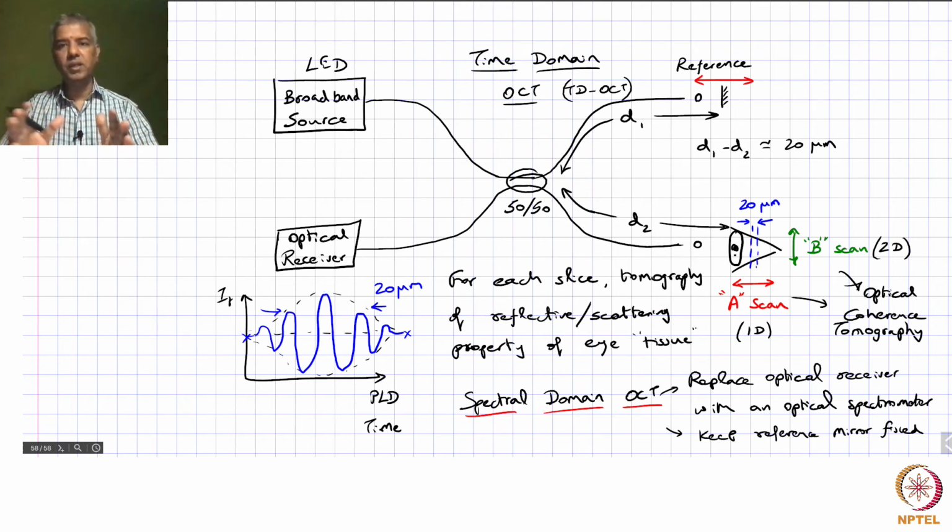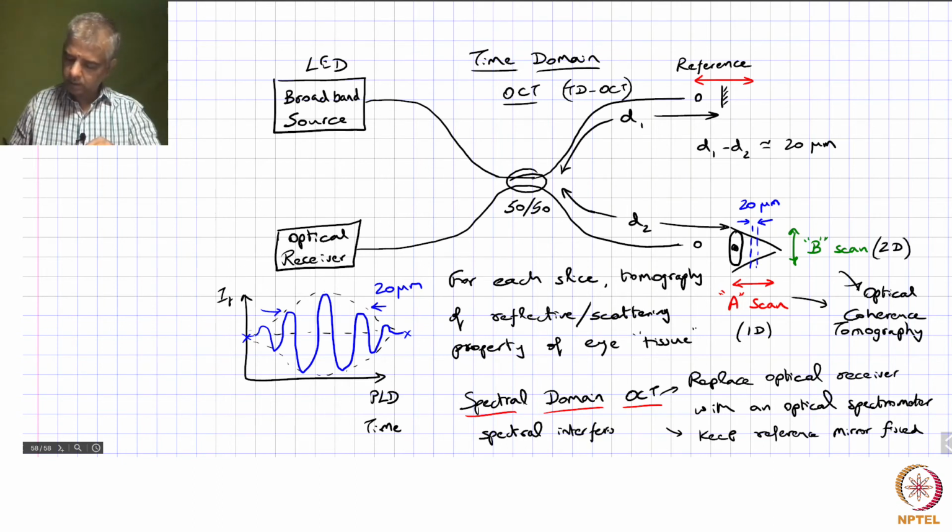So what you're getting is a spectrogram, or more specifically a spectral interferogram, right. If you have a spectral interferogram, then each spectral component is representative of one particular depth along the eye, right.